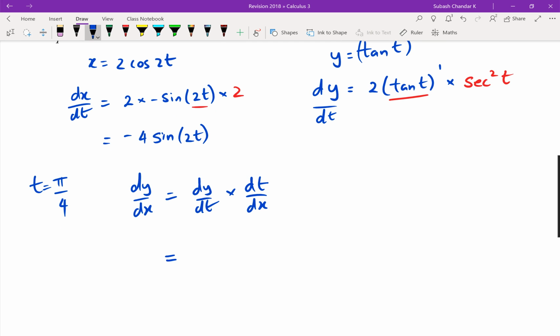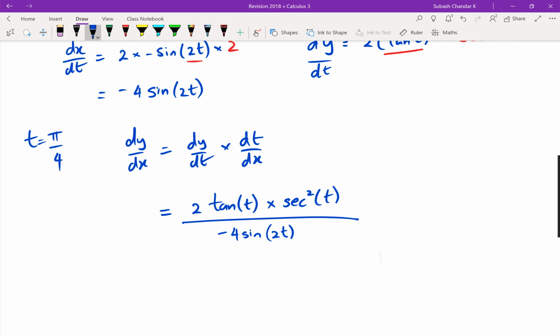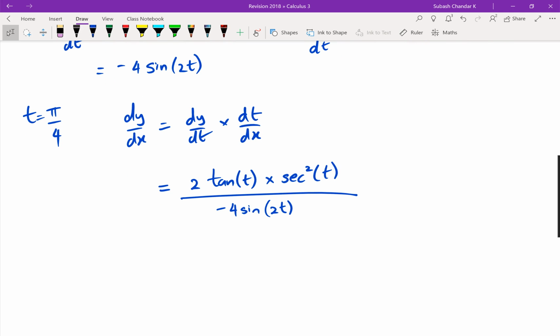So we have dy dt, which is 2 tan of t multiplied by sec squared of t, divided by negative 4 sine 2t. Is that okay so far? Okay, so we now have to substitute pi over 4 in here.